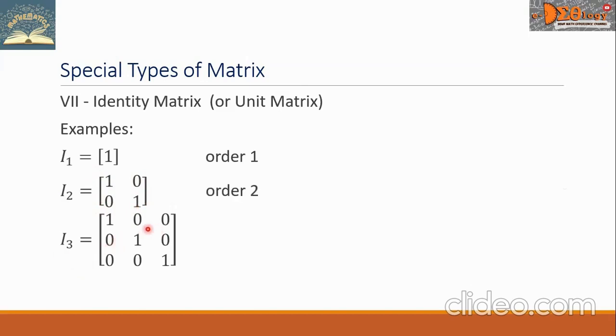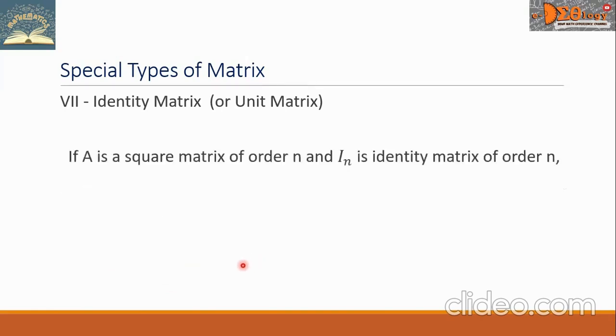This is a matrix with elements 1, 0, 0, 0, 1, 0, 0, 0, 1. The elements in the main diagonal are all 1s. The remaining elements are zeros. And this is of order 3.